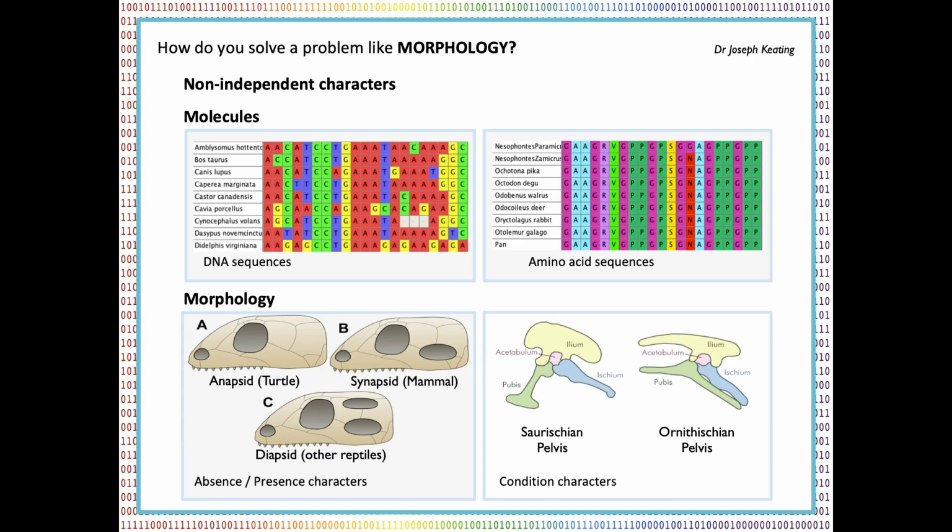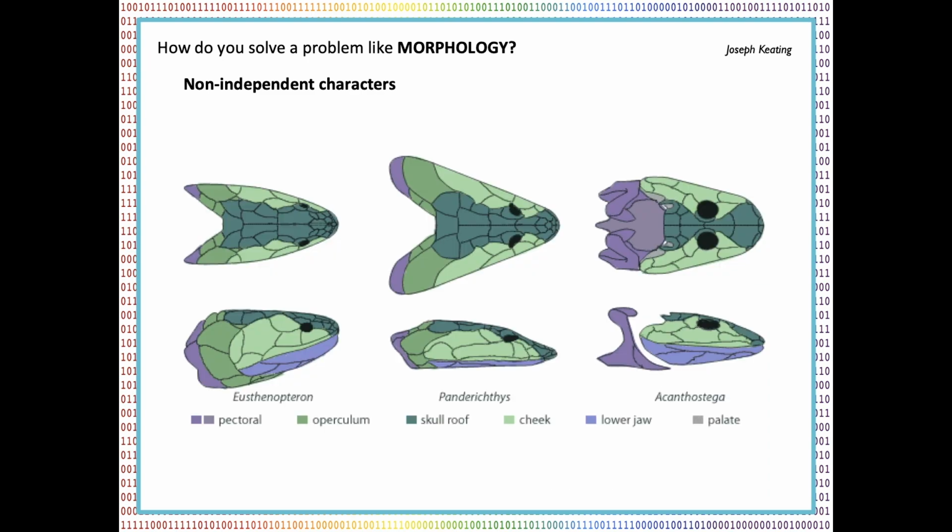Another difficulty in modelling morphological evolution is the nature of the characters themselves. DNA bases, or amino acids, evolve largely independently. However, morphological characters are frequently linked. Take, for example, these stem tetrapod skulls.